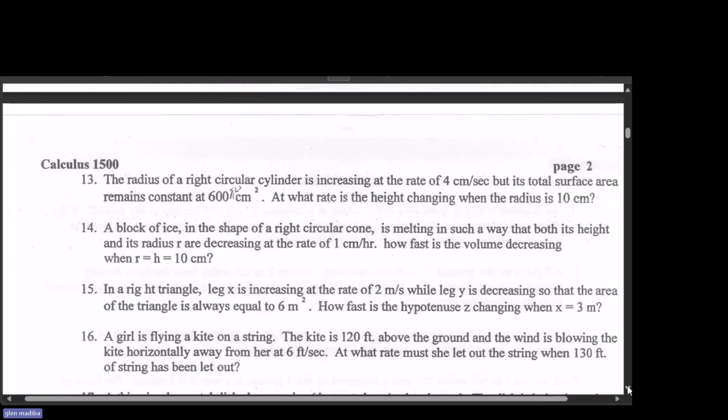So now this makes the term 120 times dy over dt to be 0, which then equals 130 times dz over dt. Making dz over dt the subject of the formula, we end up having 30 over 30.